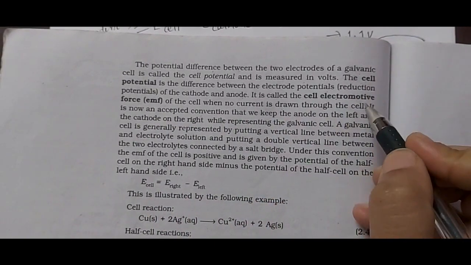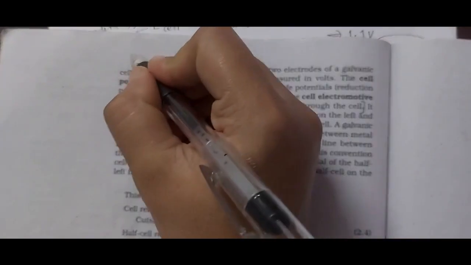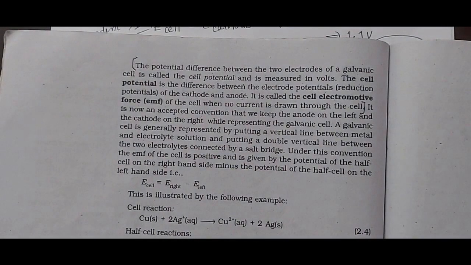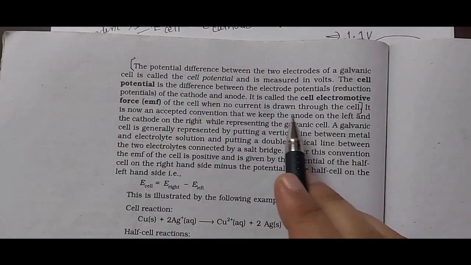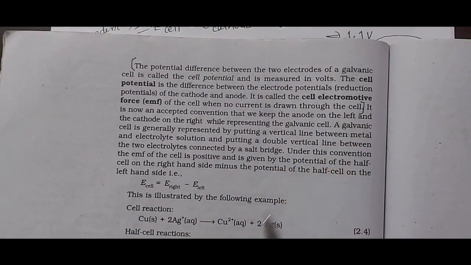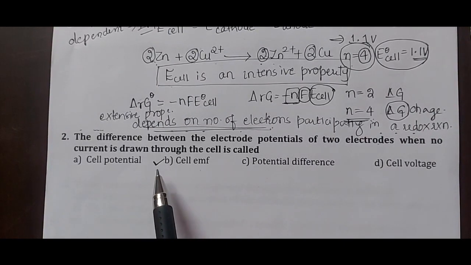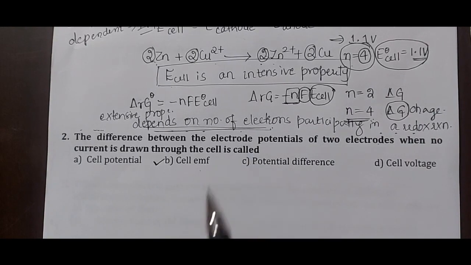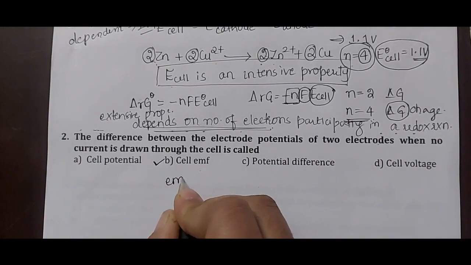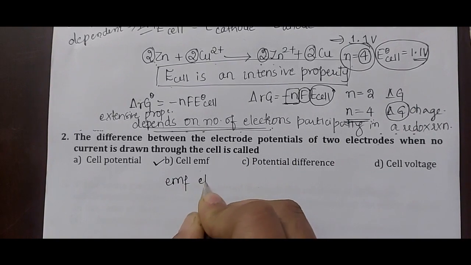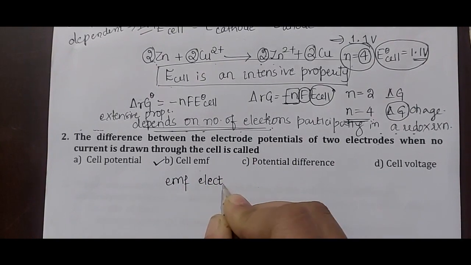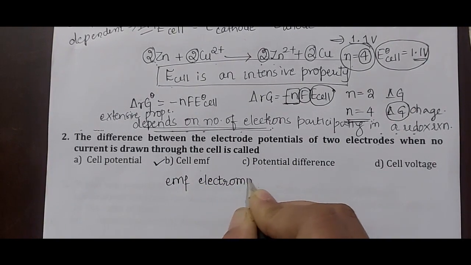So the same conceptual question given in NCERT itself is asked as a multiple choice question. Hence, the correct answer for question 2 is option B, cell EMF, where EMF is nothing but electromotive force.